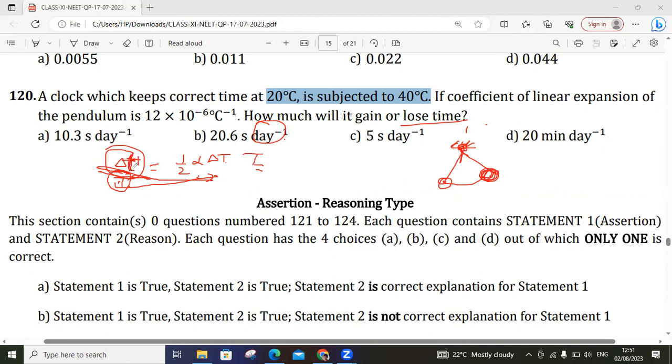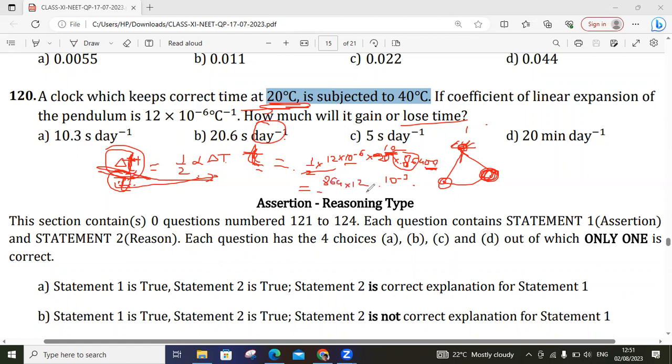If you indicate it by t dash, into t time. So half into alpha is 12 into 10 power minus 6, into delta t is 40 minus 20 degrees Celsius, into 86,400. So what will you get? 10 power minus 6, 10 power 3, 10 power minus 3 I will keep here. Then 864 is there and 12 is there.